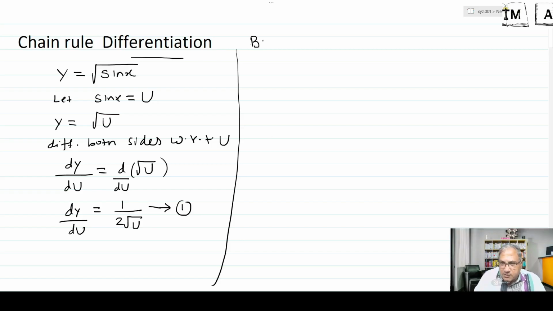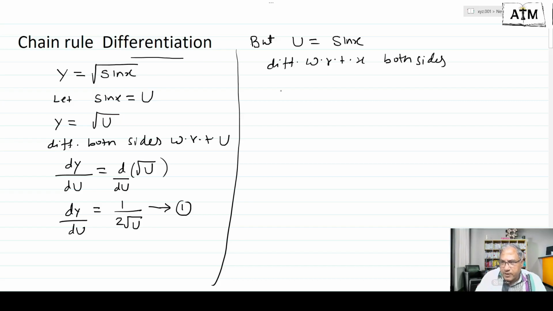Okay, but step number 2, u equals sin x. Therefore now here u equals sin x. Here the RHS is sin x. u is a function of x. Therefore differentiating with respect to x both sides, we get du by dx equals differentiation of sin x with respect to x, that equals cos x.